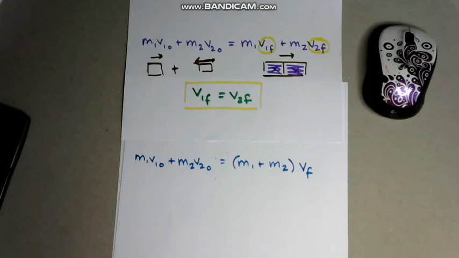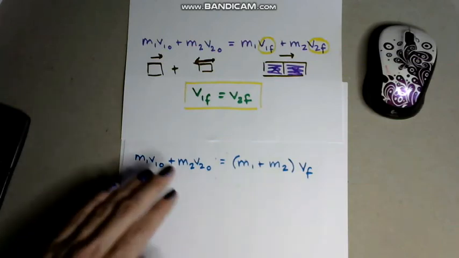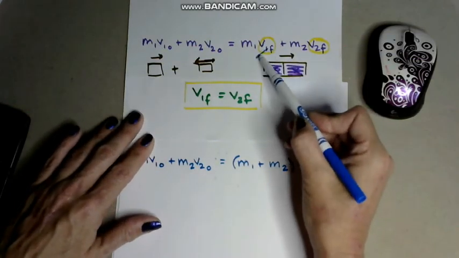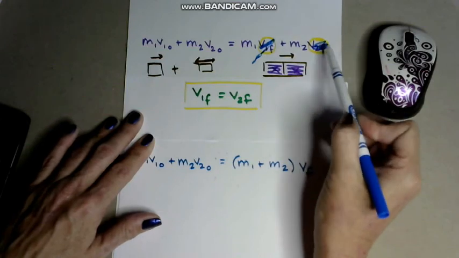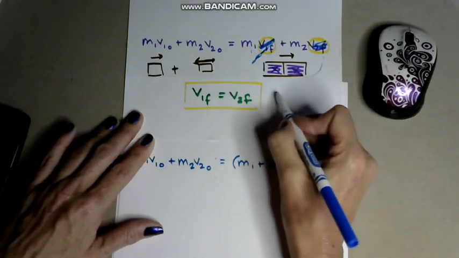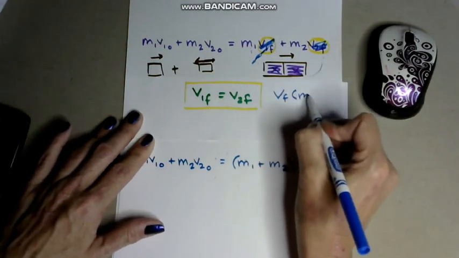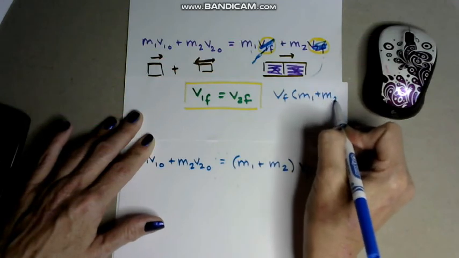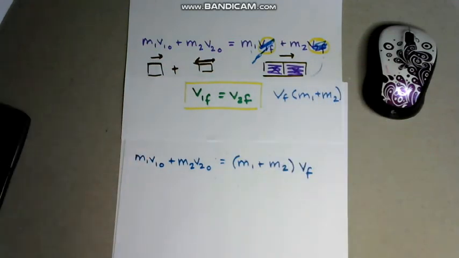Since it is the same for both, I can actually just factor it out. I'm factoring out the like term. So this is equal to this. I pull it out, and I just have VF times M1 plus M2. Boom. I think you can solve that. I think you guys are advanced in math enough to figure out how to solve for any of those terms. And so, there we go for the momentum portion.